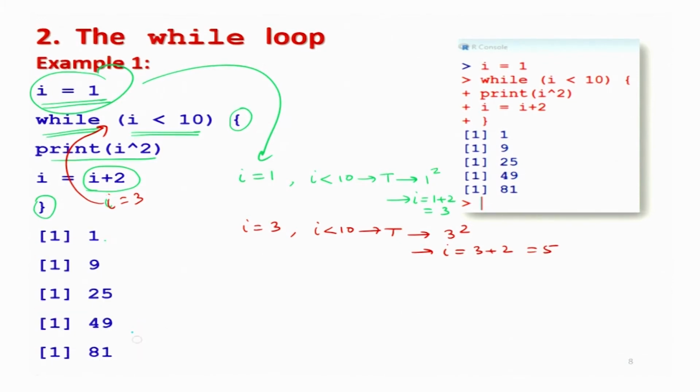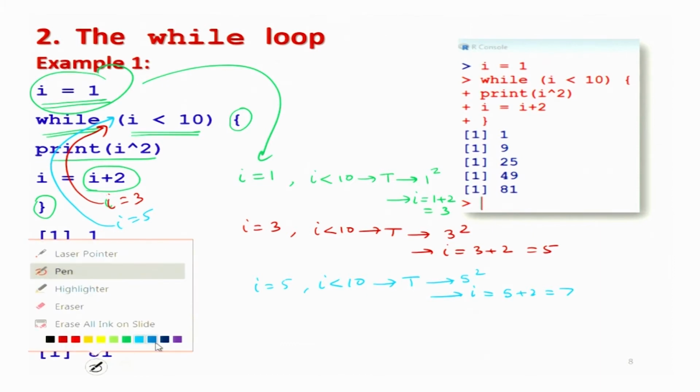And now, this I equal to 5 is once again taken to the while loop, and the while loop considers I equal to 5 and checks whether I is smaller than 10. True, then it will print 5 square, and I is going to be replaced by 5 plus 2, which is equal to 7.